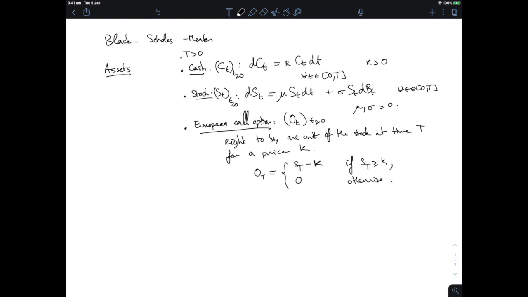So the value of the option is 0 if S_T is less than or equal to K. So let's put that in a more condensed form. The value of the option at time T is really the maximum of 0 and S_T minus K.